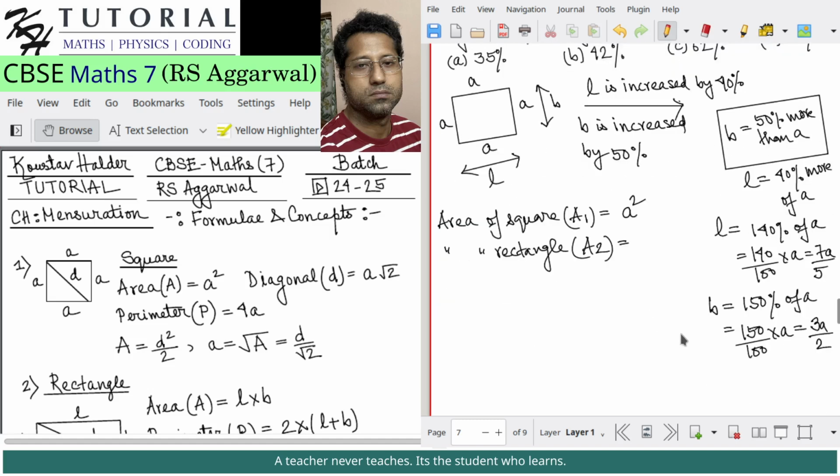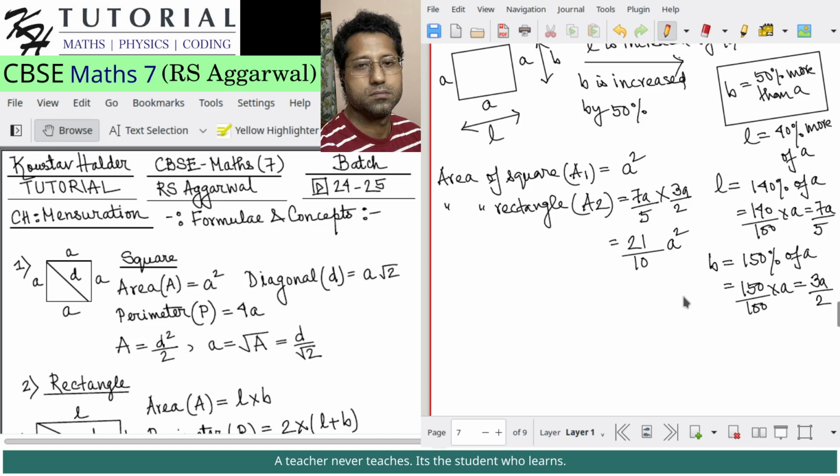This will be equal to 7A by 5 multiplied by 3A by 2, which is equal to 21 by 10 A square. So 21 by 10 A square is definitely more than A square. So the area has increased, and the area of the rectangle is more.